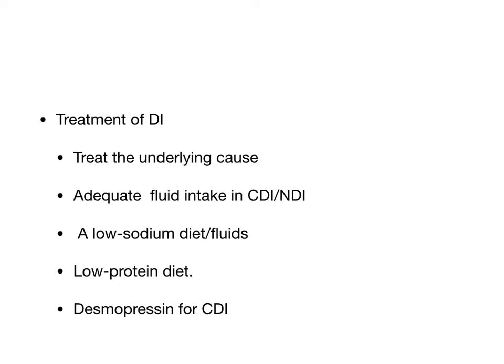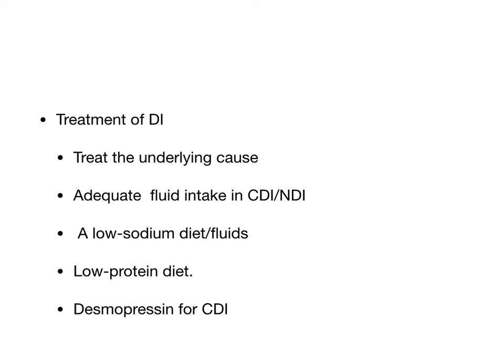For nephrogenic diabetes insipidus, you might have to find out the underlying reason. If it is because of a drug like lithium, you will have to stop the lithium, or if it is because of hypokalemia or hypercalcemia, treat the underlying cause.